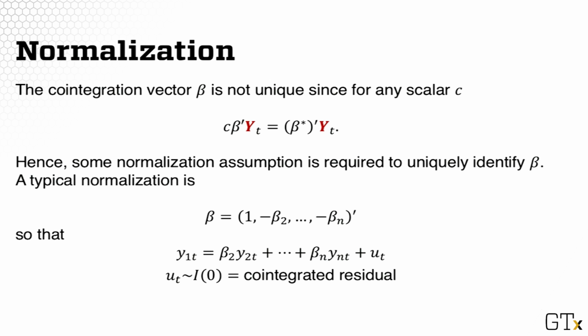Using this vector beta, if we multiply beta transpose with yt, we get y1t minus beta 2 y2t up to beta n ynt equal to ut, or the equation provided on the slide, where y1t is equal to this linear combination of beta and contemporaneous values of the time series plus ut. ut is a cointegrated residual. ut is a stationary time series.